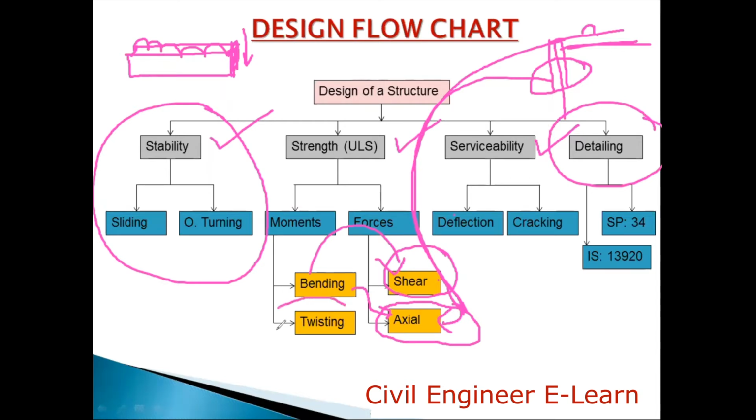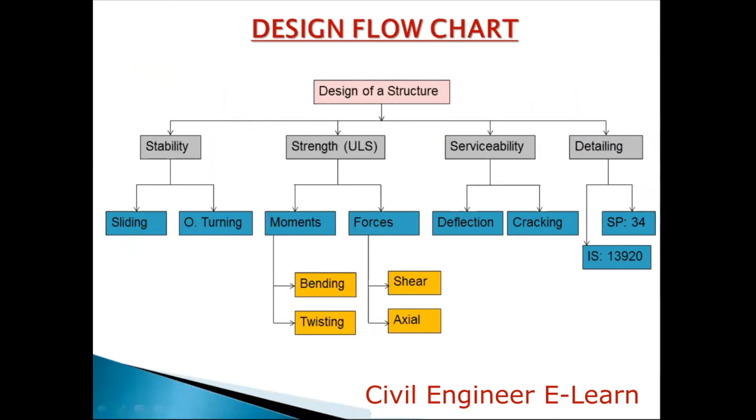And twisting moment would be developed when the loads are not acting exactly at the centroid of the members. Obviously twisting moment or torsion will be developed. So these are all the resultants. For all these resultants, we have to design a member.